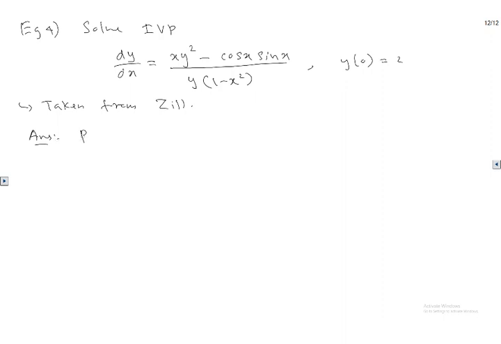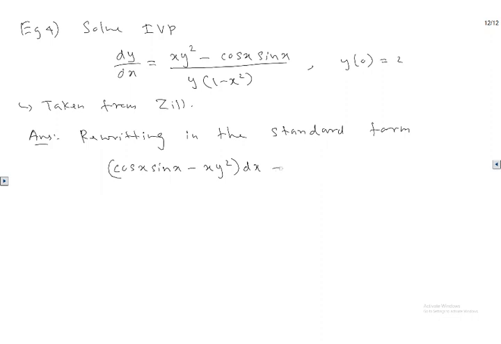Rewriting in the standard form, we're going to multiply by dx both sides, then multiply by y over 1 minus x squared, and bring everything to one side, and you end up getting cosine x sin x minus x y squared dx plus y(1 minus x squared) dy equals 0.